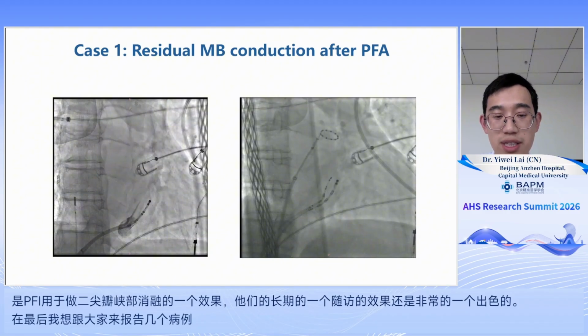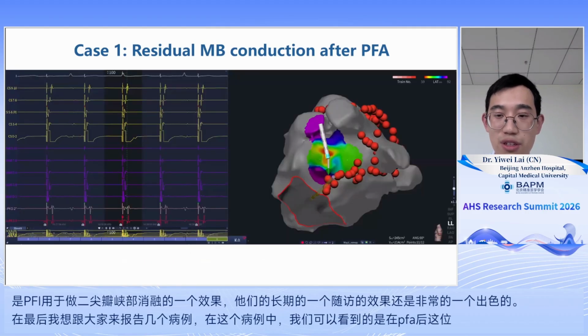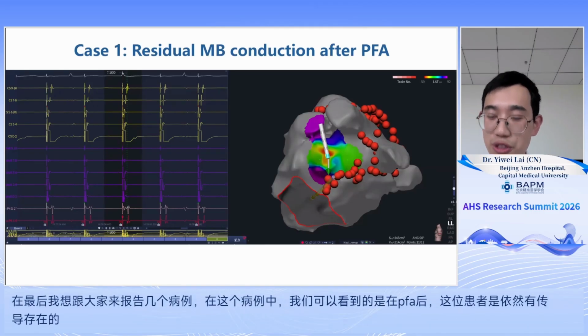In this case, we did venography before the procedure, but we didn't do ethanol infusion. Then we continued with the CDI in the mitral line, and the patient got a cardioversion. After cardioversion, apparently the mitral line was not blocked, as validated by coronary sinus pacing.